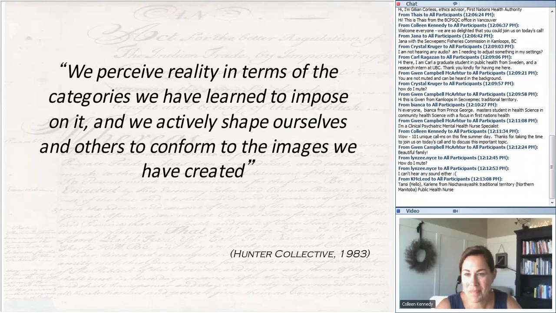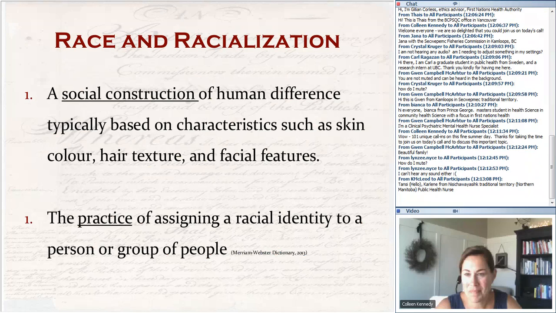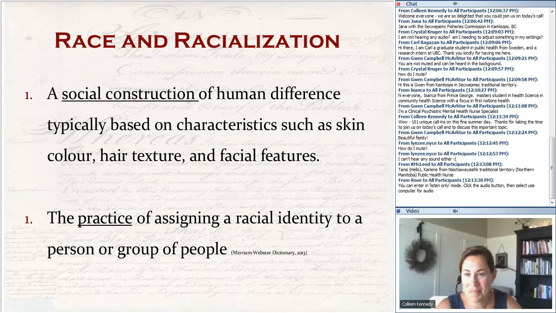The next slide has a couple of definitions about race and racialization. It's important to note whenever we talk about racism that race is not a product of nature. There is no such thing as race. It's a social construct, which means people saw differences in phenotypes, like skin color, hair texture and facial features, and attached a label of race to those differences.